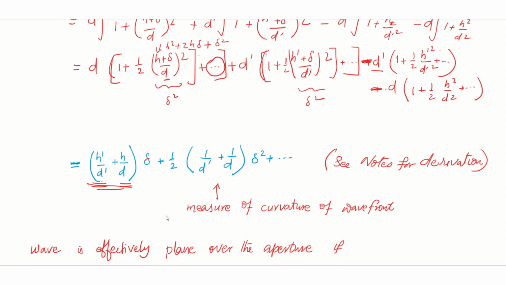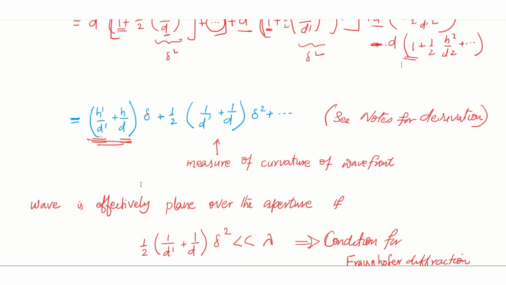Minus d prime here and plus d prime here will cancel out, right? And d here and d here will cancel out, and if you rearrange the whole thing, you can get something like this. You can express it in terms of a power series in delta, that is the dimension of the slit.